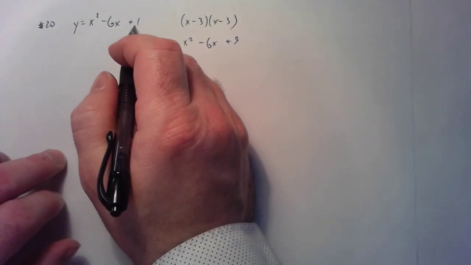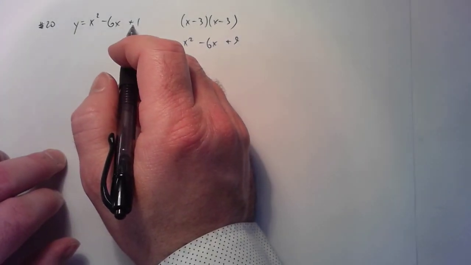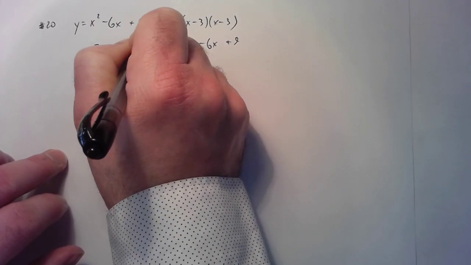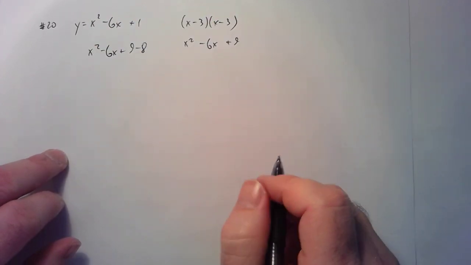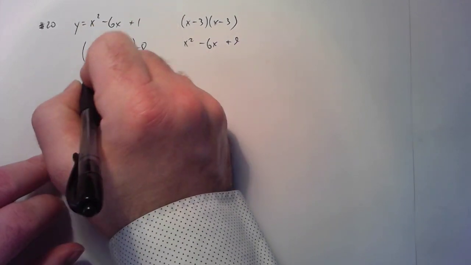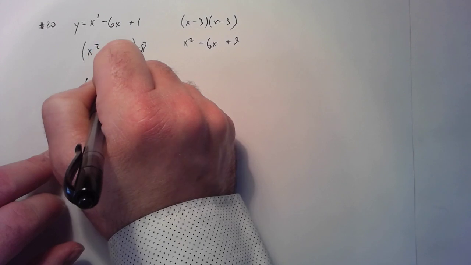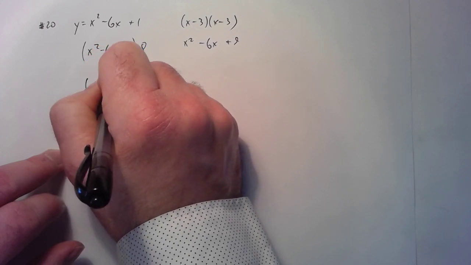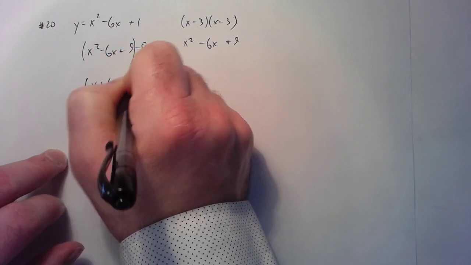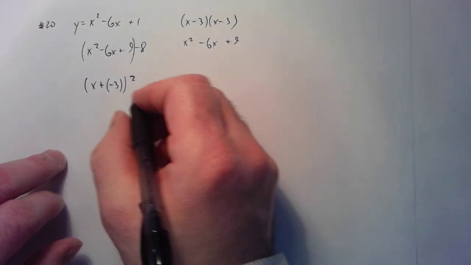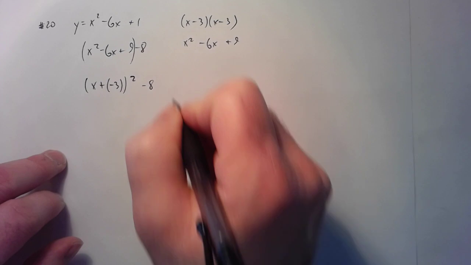That's not a plus 9, but it is a plus 9 minus 8. So this part of it can be factored into (x minus 3) squared, minus 8.